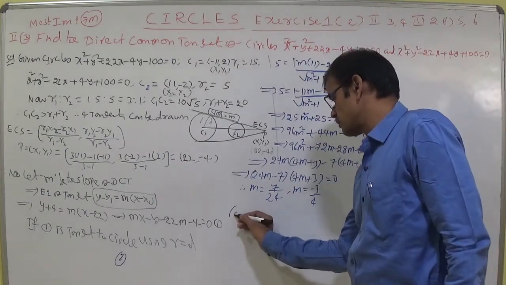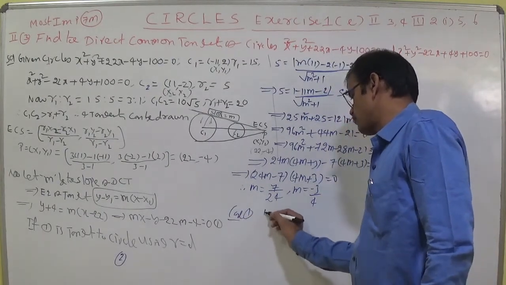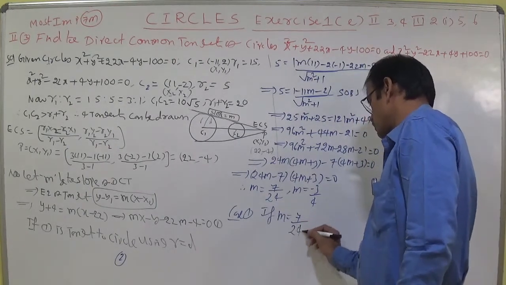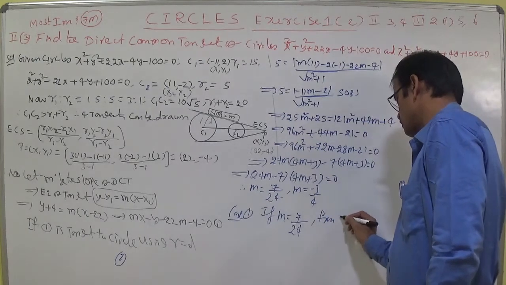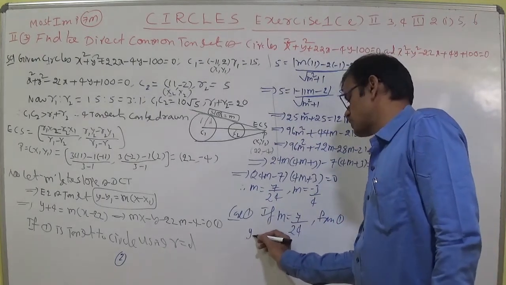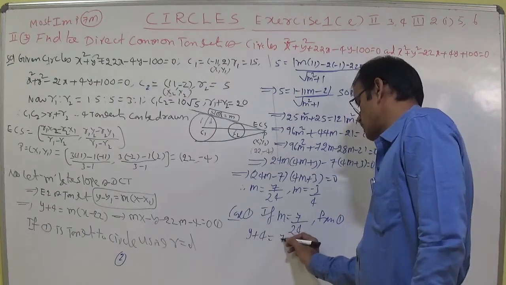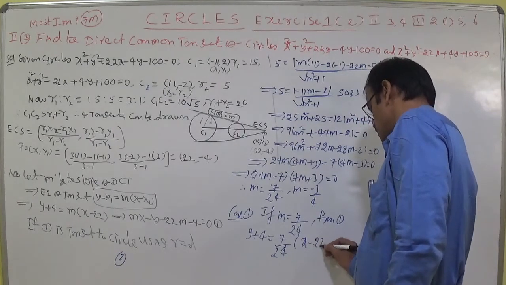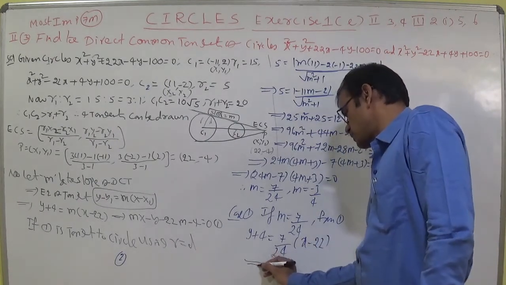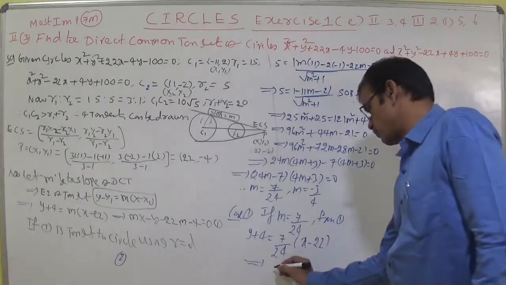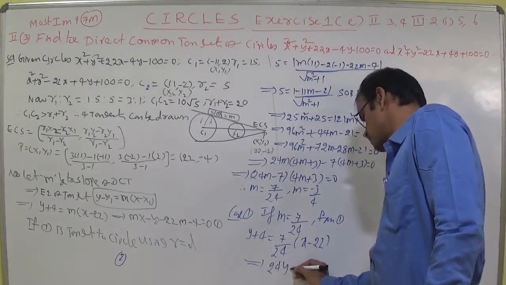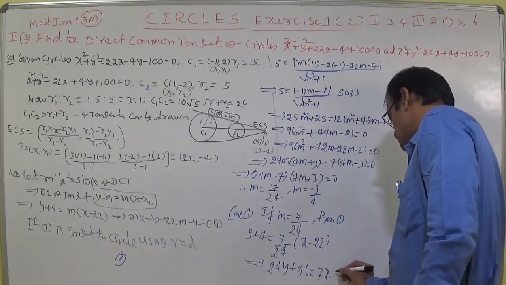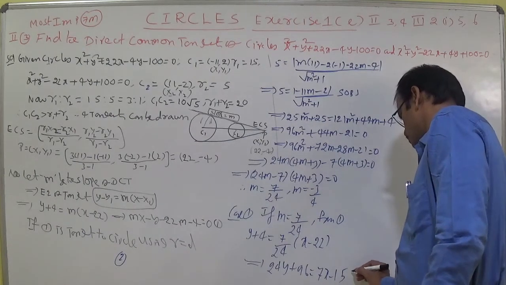Case 1, I am writing. If m is equal to 7 by 24, from 1, y plus 4 is equal to 7 by 24 into (x minus 22). By cross multiplication, 24y plus 96 is equal to 7x minus 154.